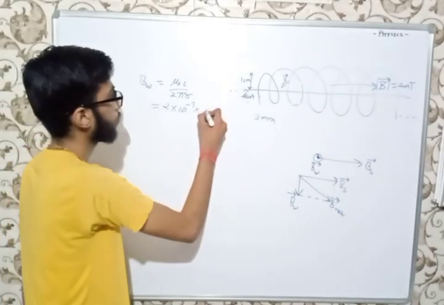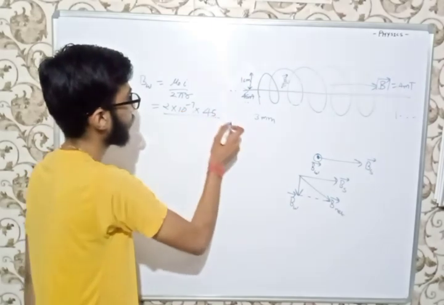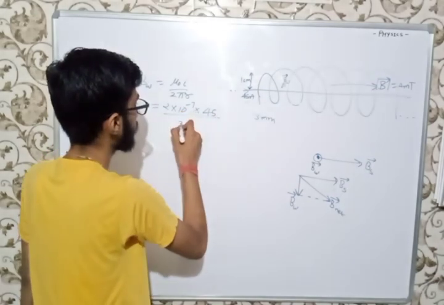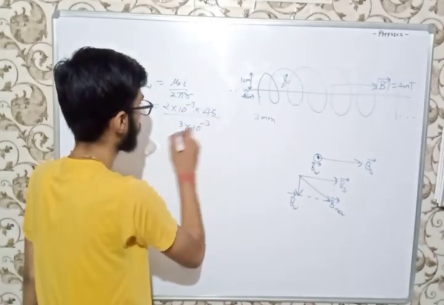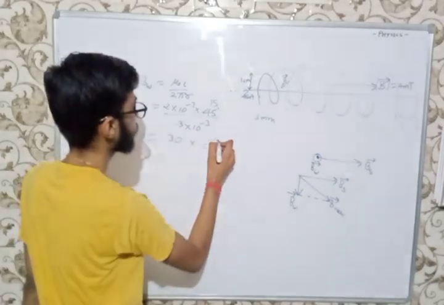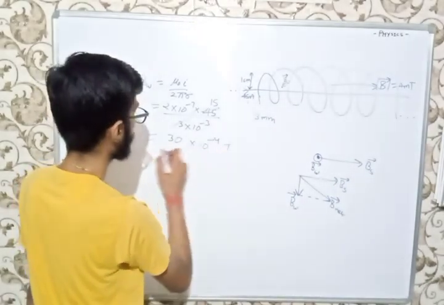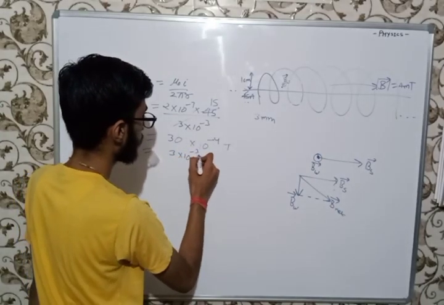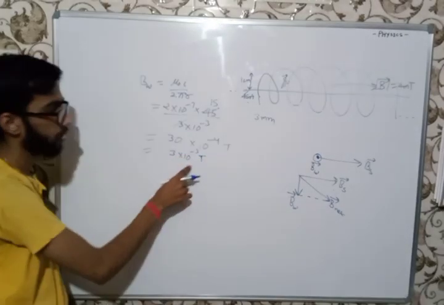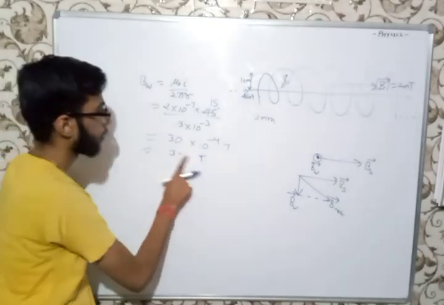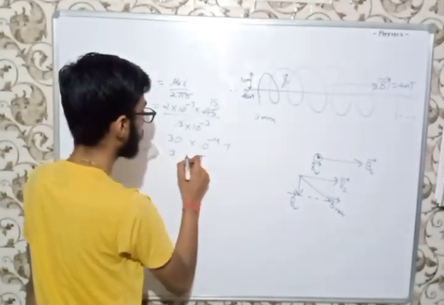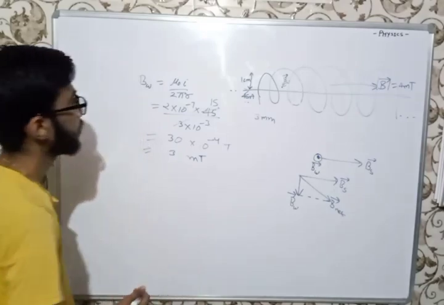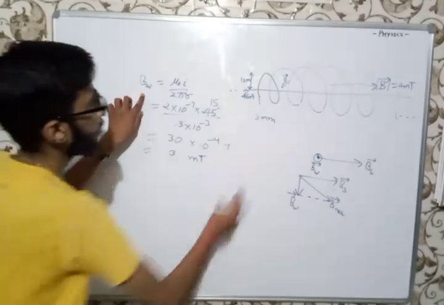The value of I is 45 over r. r is 3 mm, so 3 into 10 to the power minus 3. That gives 3 into 10 to the power minus 3 Tesla. 10 to the power minus 3 is called milli. So it is 3 milli Tesla. It is the magnetic field created by the wire at this point.